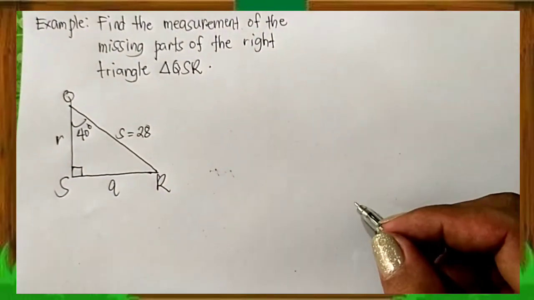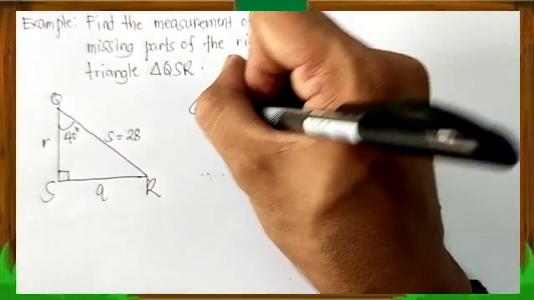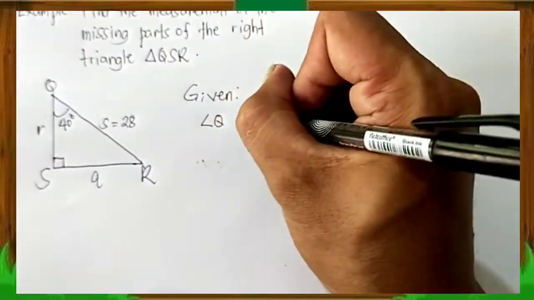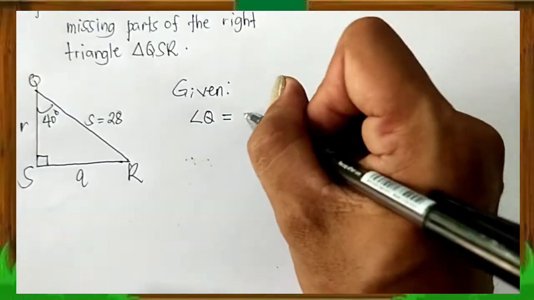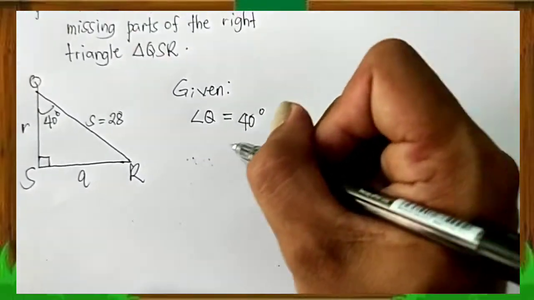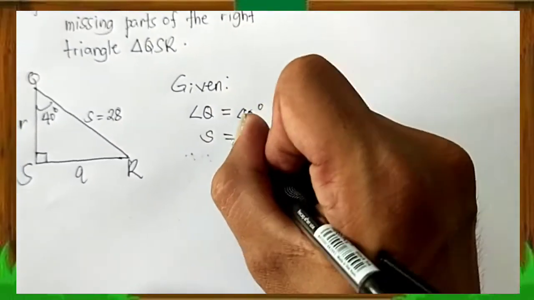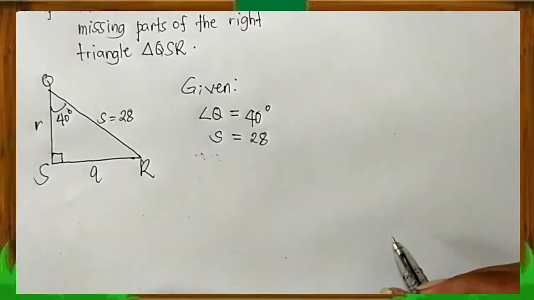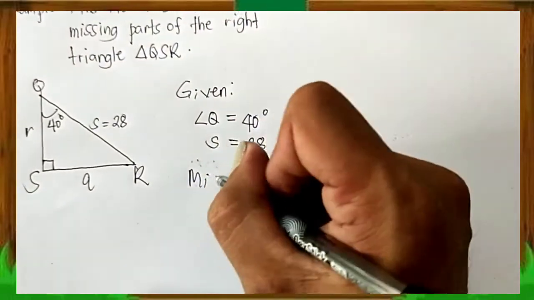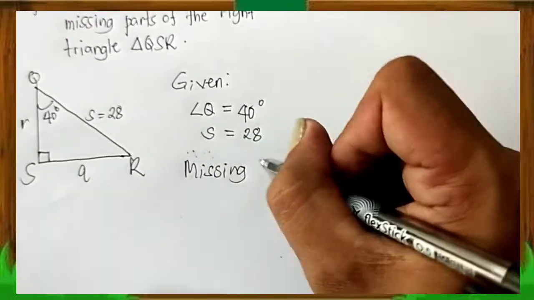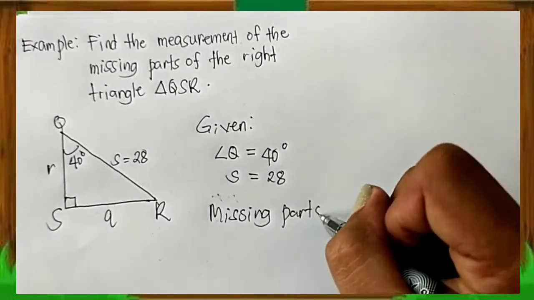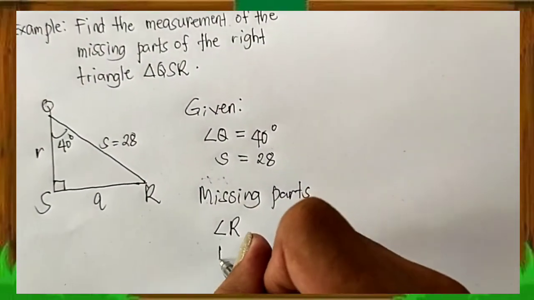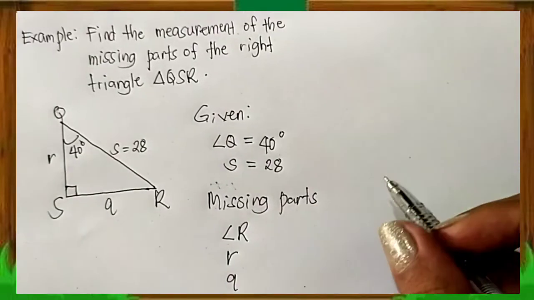So what are the givens? The givens are angle Q, which is equal to 40 degrees, and side S, which is equal to 28. Now, what are the missing parts we need to solve? The missing parts are angle R, side R, and side Q.